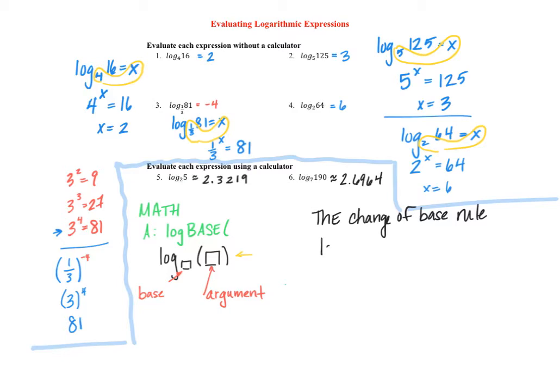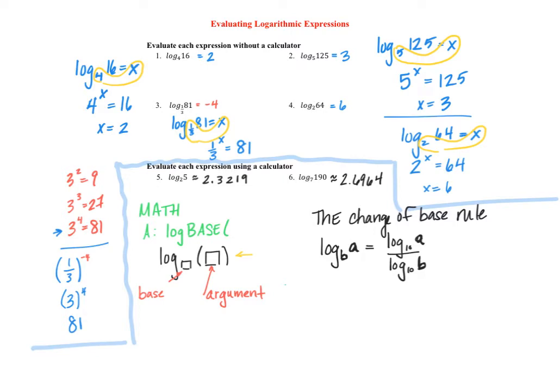If I have log base b of a, and I'm trying to put that in my calculator, for example, that log base 2 of 5, I can change the base to log base 10 of a and log base 10 of b. So what did I do? I took the log of the argument and I divided it by the log of the base.